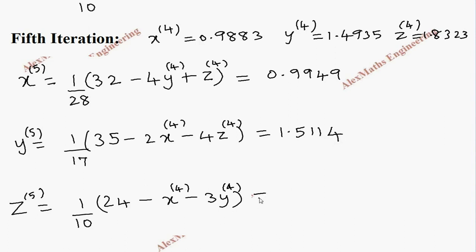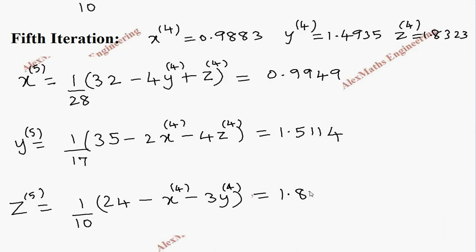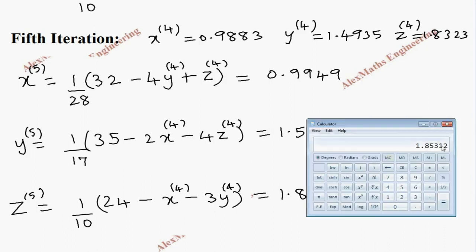Coming to z of 5, 24 minus x of 4, 0.9883, minus 3 into y of 4, 1.4935. This whole value divided by 10 gives 1.85312. We round up to 4 decimal places, 1.8531.